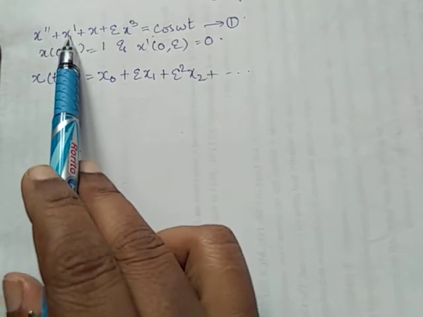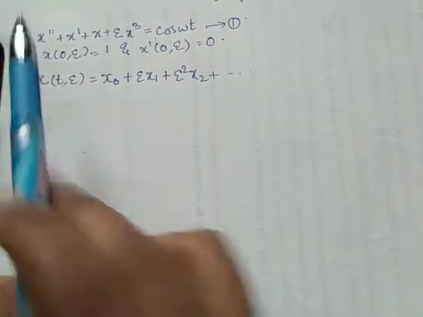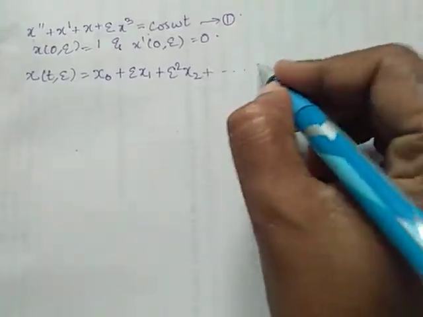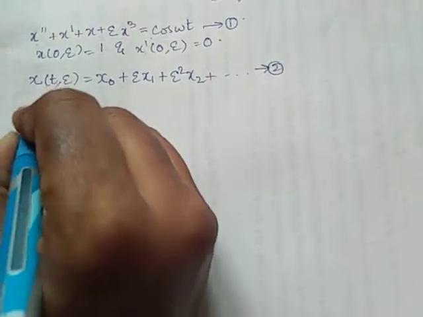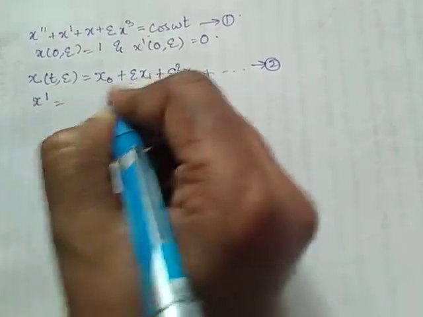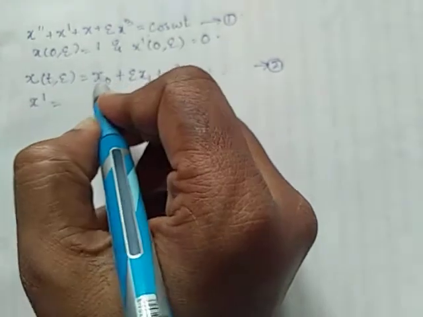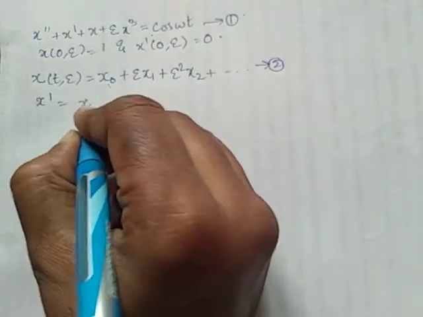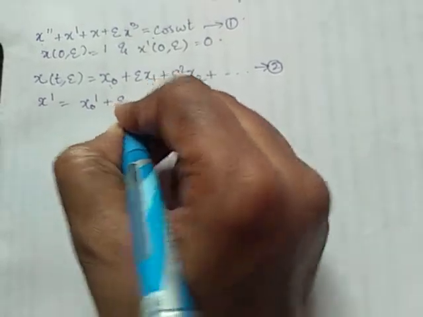Here we have x dash also, and x double dash also. So if we differentiate equation 2, we will get x dash. This is a function of t. Therefore the differentiation of x0 is x0 dash. Epsilon is constant.